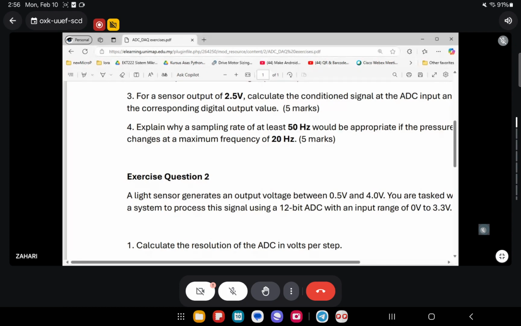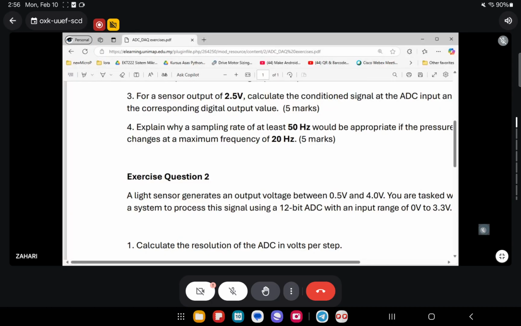Every step is equal to 0.0008 volt, per step. So you have 4,096 steps. This is your ADC.